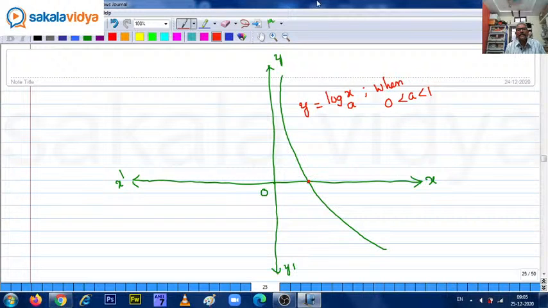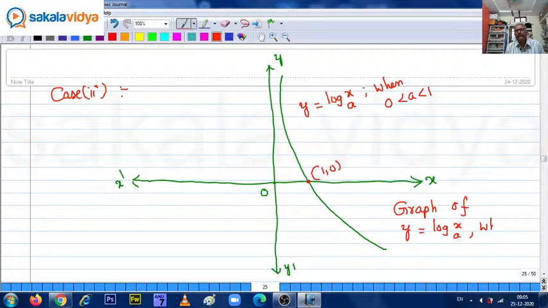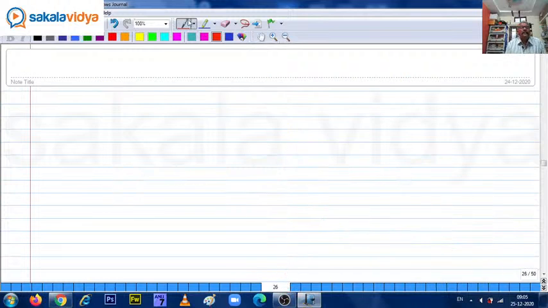It also cuts the x-axis at (1, 0); it crosses the x-axis at (1, 0). This is the case 2 graph, the graph of y equal to log x to the base a when 0 is less than a less than 1. Two cases. From this, let us see some important points.